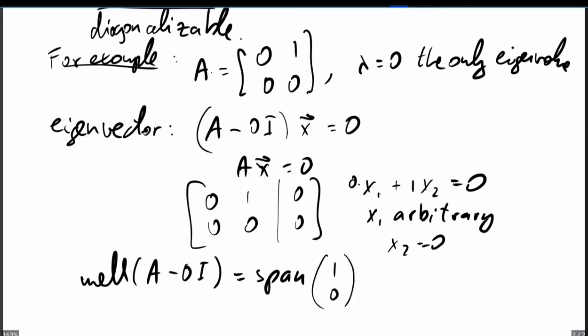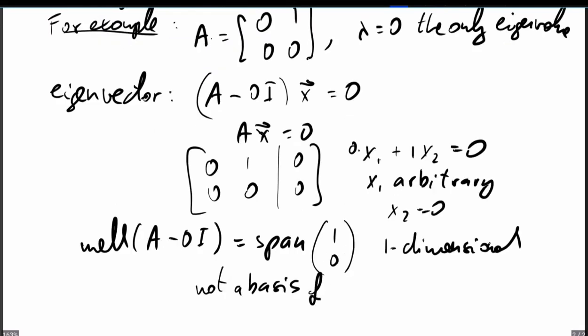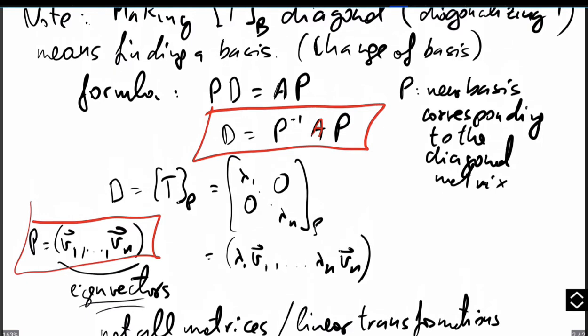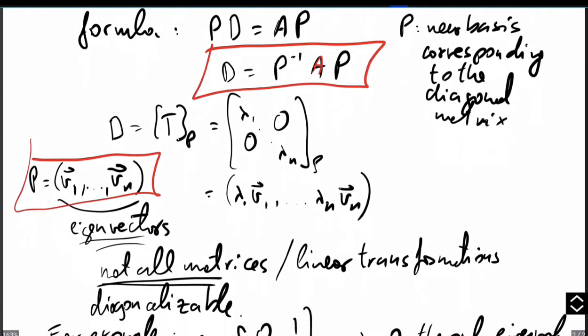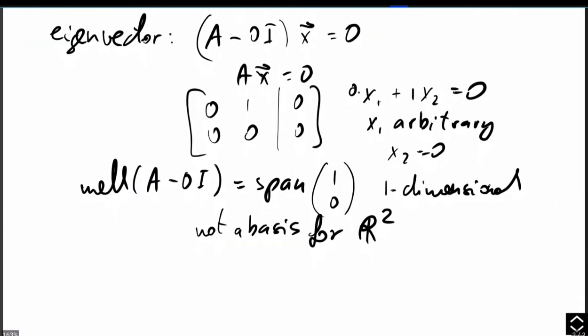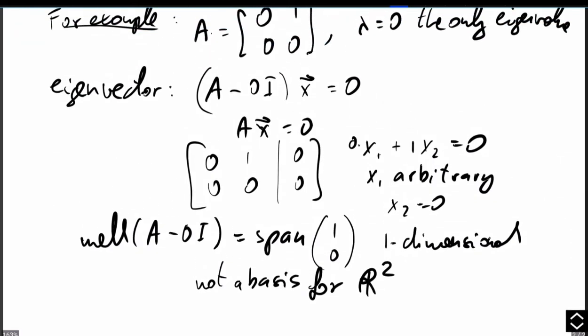It's a one-dimensional subspace. And that means that we cannot create a basis for the whole R2 space, because that's two-dimensional and we would need two basis elements. And for the same reason, we cannot create a P square matrix that we could invert in order to calculate the diagonal matrix. So this is an example of a matrix that cannot be diagonalized.